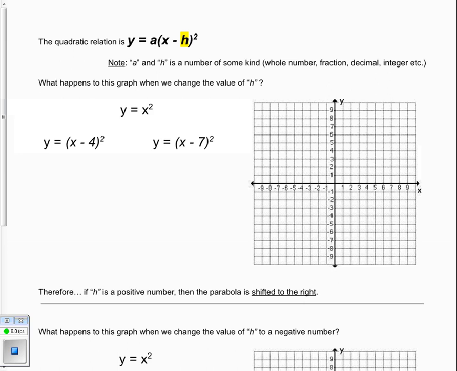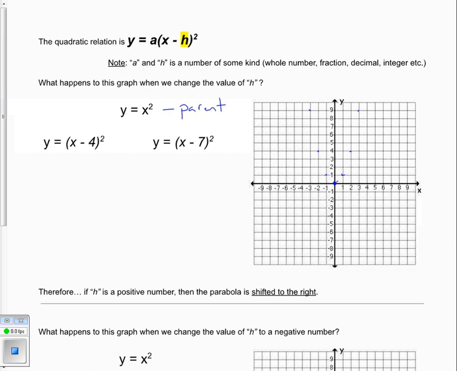Well, if we graph y is equal to x squared, that is, again, our parent form of the parabola, we know that its origin is at 0, 0. Then using our step pattern, it goes over 1, up 1, over 2, up 4, over 3, up 9.